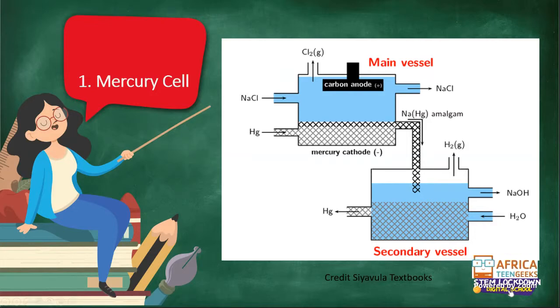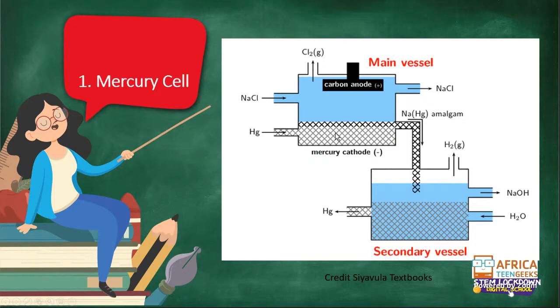Water causes a reaction so that your OH negative bonds with the sodium and you form your sodium hydroxide, and the water's H plus ions come together to form your hydrogen gas. Then your mercury can be recycled, and this mercury can be pushed into the main vessel again.